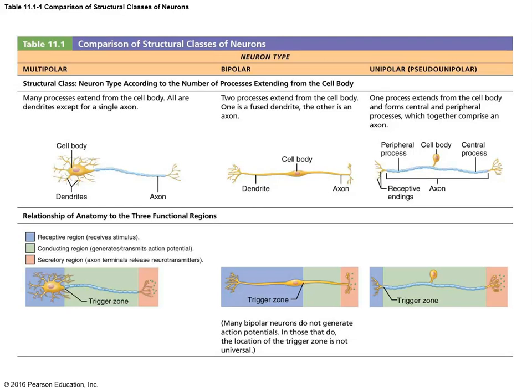A unipolar nerve has no dendrites, but rather has an axon with receptor endings on one end and nerve signal transmitting projections on the other end. And the cell body is sort of dangling off to the side on a little stem.